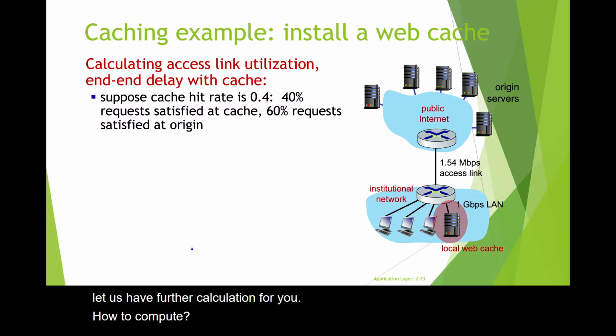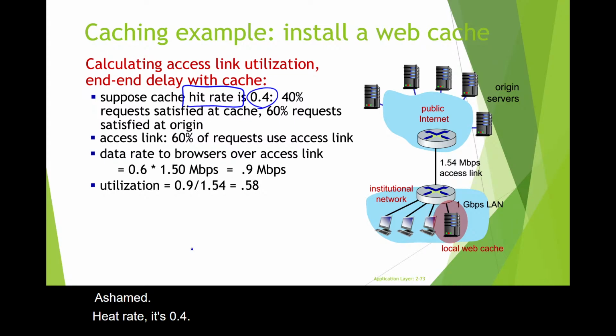So to have the computation, we should have further information. Well, assume hit rate is 0.4, and so that we will have 0.6. So we will have 0.6 of the requests go through.